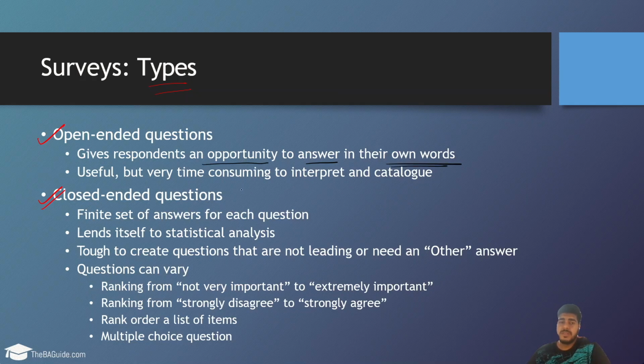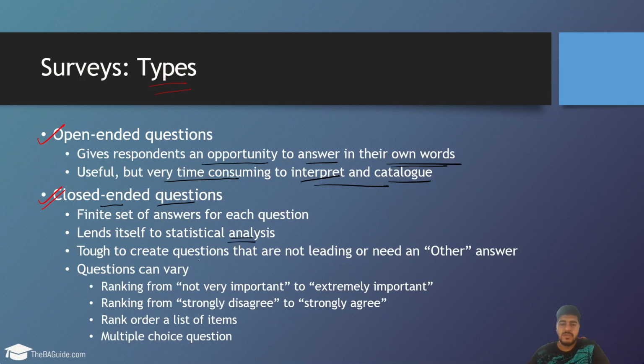But the problem is it could be very time consuming, because everyone will have different answers and it's very difficult to interpret and then finally come to a conclusion about what changes are required. And in closed-ended questions, the analysis can be done very quickly.